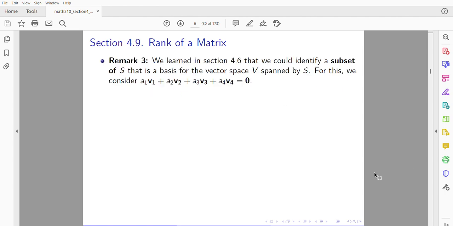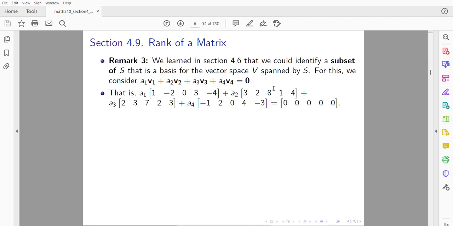In one of our previous sections, we found a way to identify a subset of S that is a basis. So remember, we could always reduce a spanning set to a basis. How do we do that? Start with a linear combination equals 0: a1 times the first vector, a2 second vector, a3 third vector, a4 fourth vector equals the 0 vector.